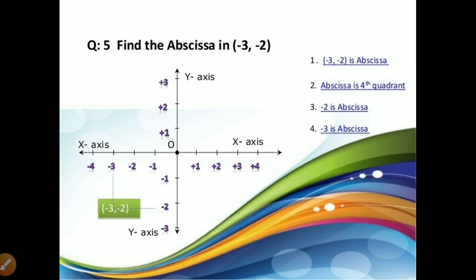Next, find the abscissa in -3, -2. You know the abscissa and you already know the ordinate, so tell me the value of the abscissa. Also tell me which quadrant this point lies in: the first, second, third, or fourth quadrant.